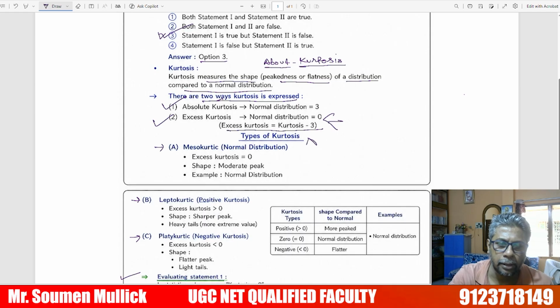Now we have to understand the types of kurtosis. Mesokurtic is the normal distribution, excess kurtosis 0, with a moderate peak.